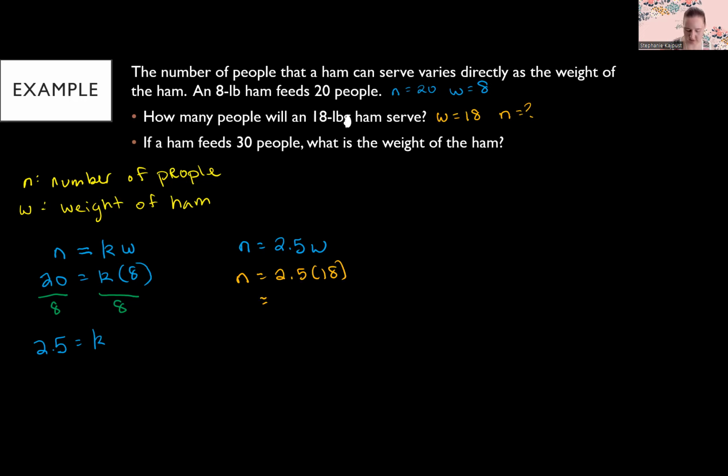Whoops, I accidentally hit the division button. So you multiply and you get 45. So n is the number of people. So it will feed 45 people. So an 18-pound ham serves 45 people.